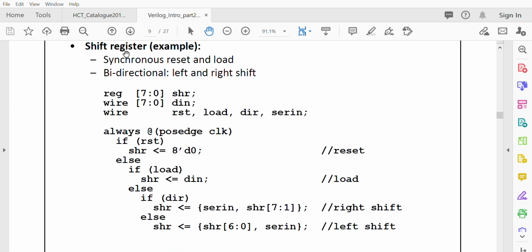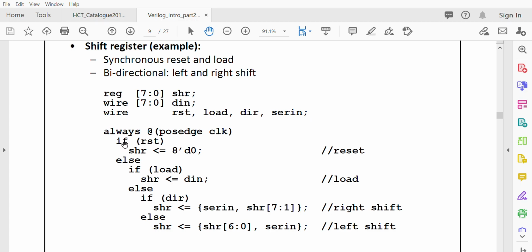Shift register example. Synchronous reset and load, bidirectional left and right shift. The register is called SHR and the data is called DN, and we have control wires: reset, load, direction, and serial in.